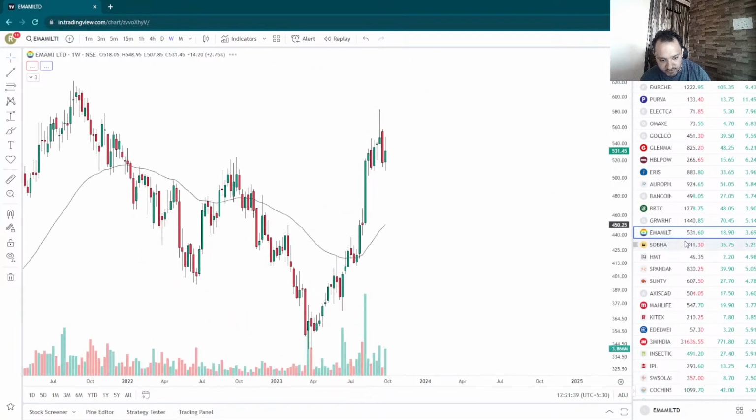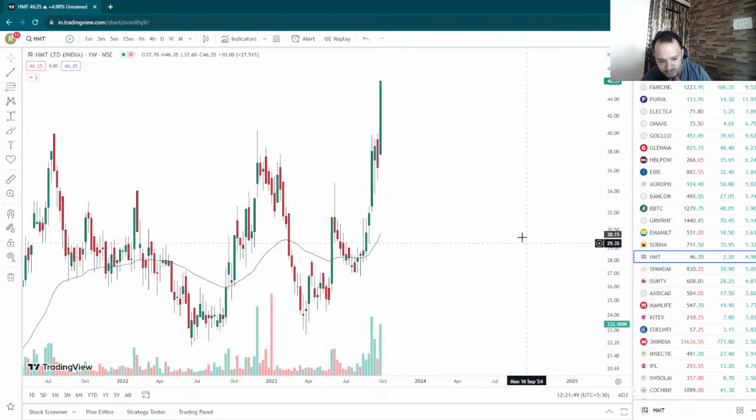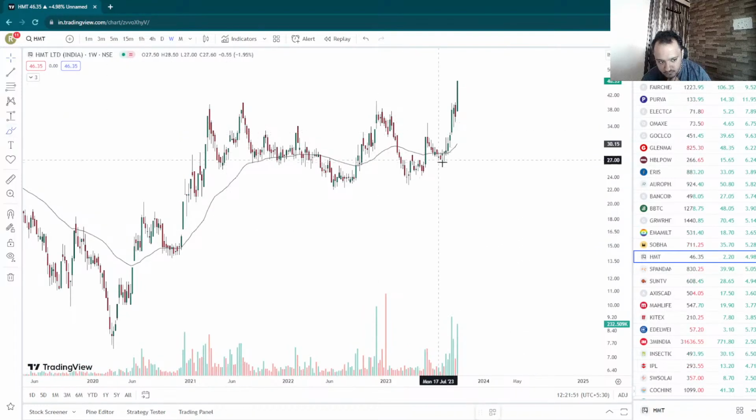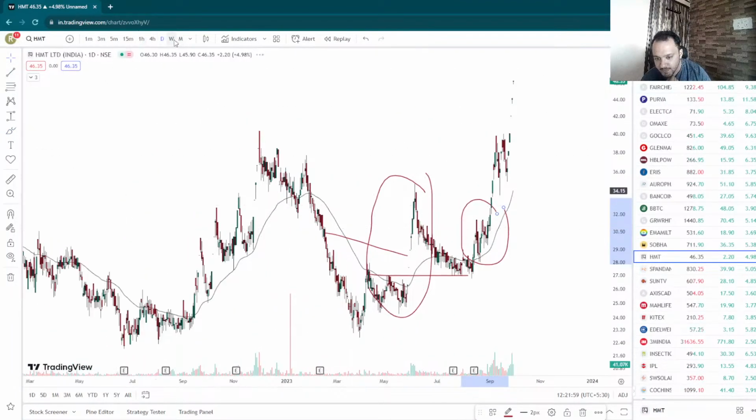You don't have to really guess when the trend is going to change. Just wait for the trend to change and then start buying in. All right. So all these stocks, if you see, this was a downtrending phase, big breakout here, big base, and this is where you can get in. There's a very nice entry right here.